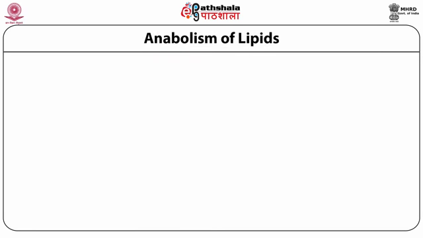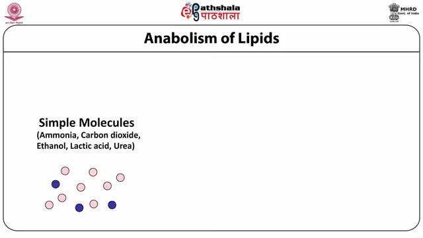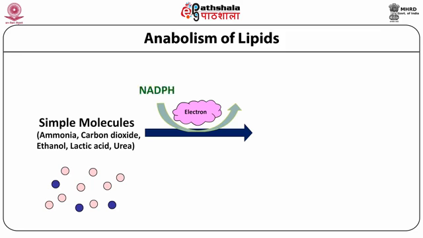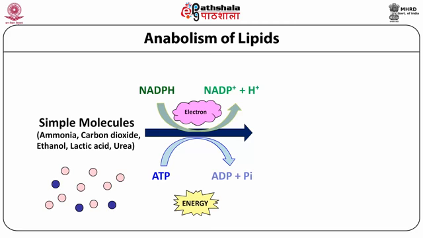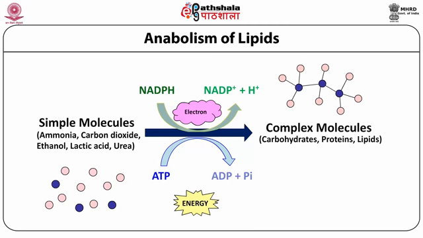As we can see here in the pictorial presentation of the anabolism of lipids, simple molecules like ammonia, carbon dioxide, ethanol, lactic acid, urea, and many other monomer units get transformed to complex molecules or polymers like carbohydrates, proteins, or lipids.